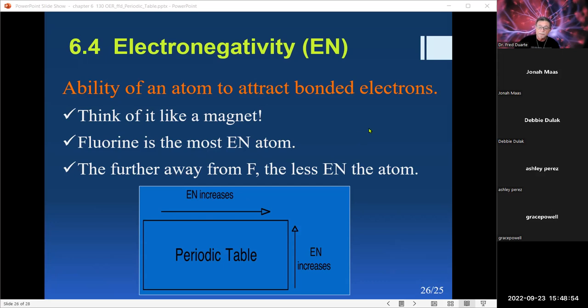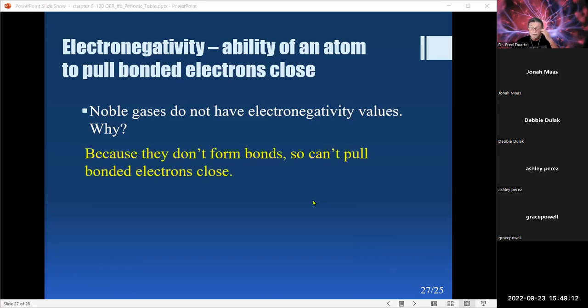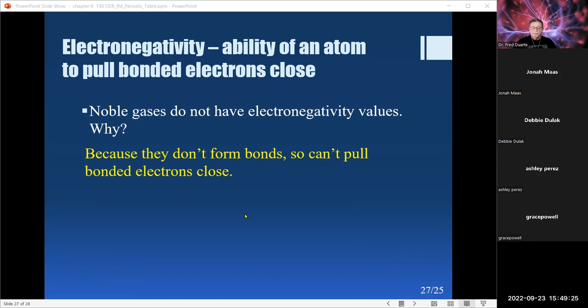It's a very important thing about chemistry, this electronegativity, and it has a big effect on the properties of the molecule. All right. So we know that noble gases don't have electronegativity, of course, because they don't form bonds. They have that 8 going on, except for helium, which has that 2, and they're not going to react. They're not going to give up their electrons very readily, so they're very inert.